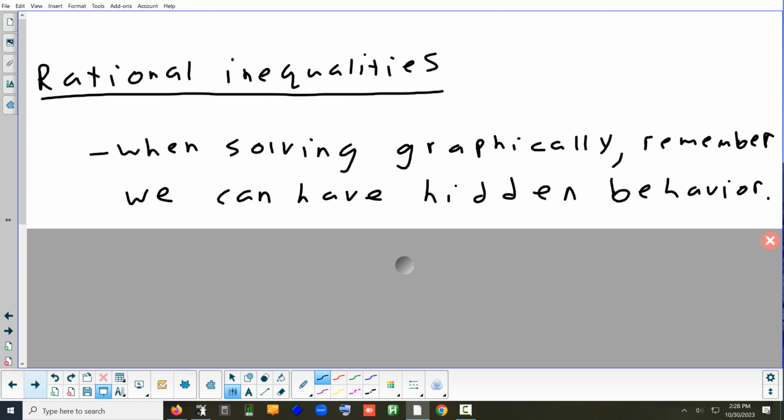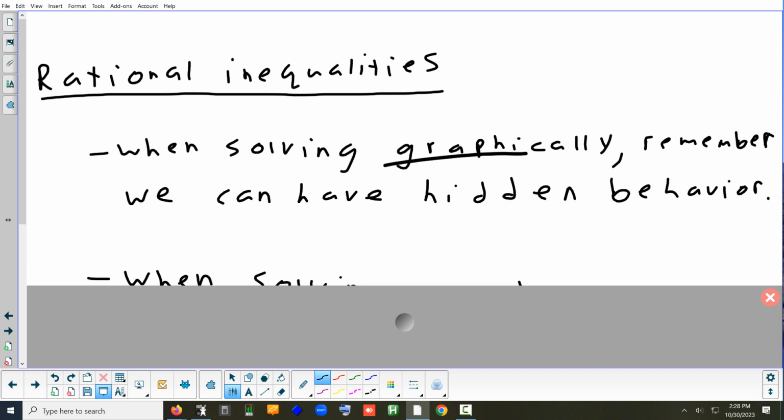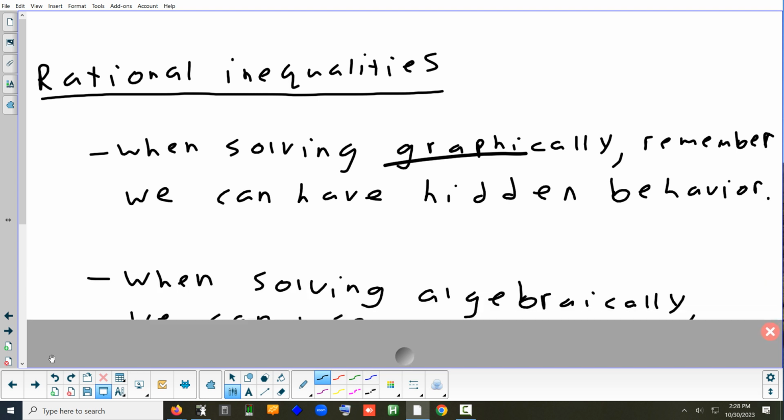So we'll stick to graphing. Remember to always zoom in or zoom out because you can have hidden behavior that's off the screen. That first problem we did was perfect. I almost missed that hidden behavior, but I could just see that one pixel in the lower left that made me think something's happening there. So I got very lucky that I saw that.